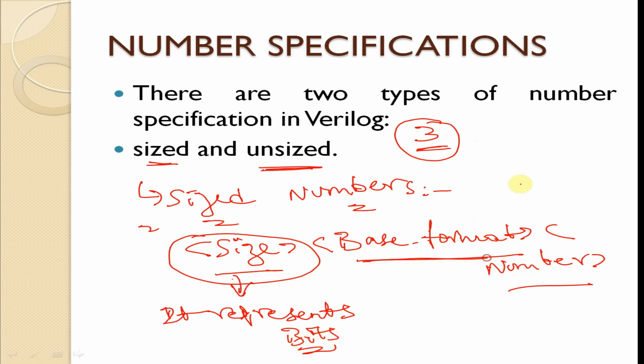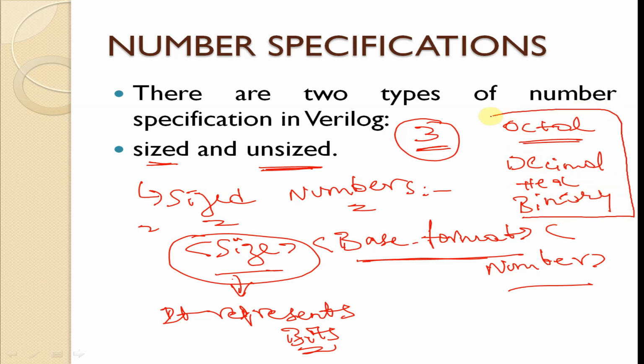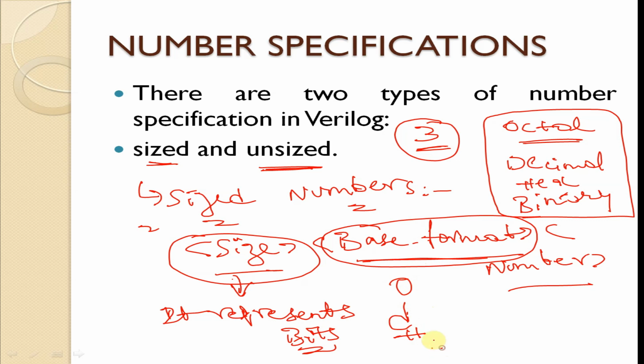And coming to the base format, in digital systems we have octal, decimal, hexadecimal, and binary. So the base format will specify what type of number system we are using. For octal we will use O, for decimal we will use D, for hexadecimal we will use H, and for binary we will use B. So like this we have to specify the base of the number.